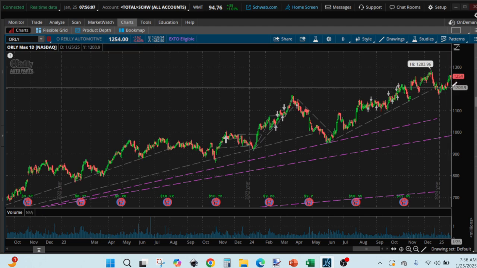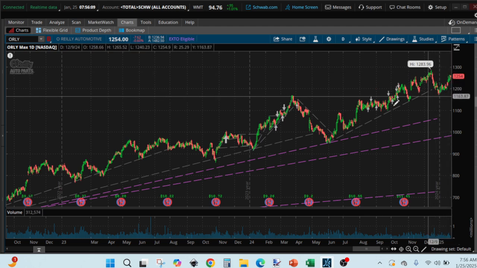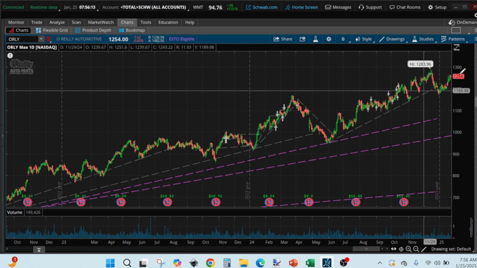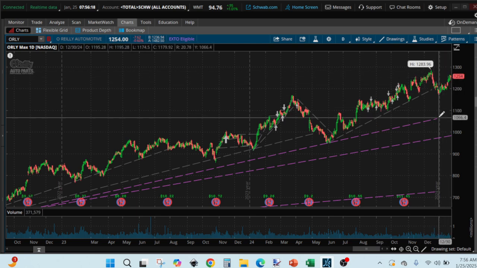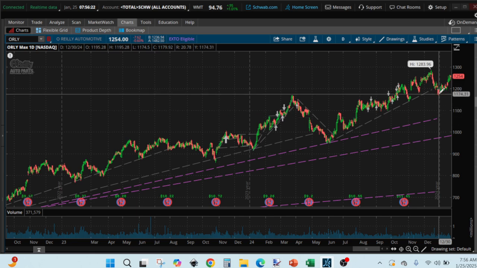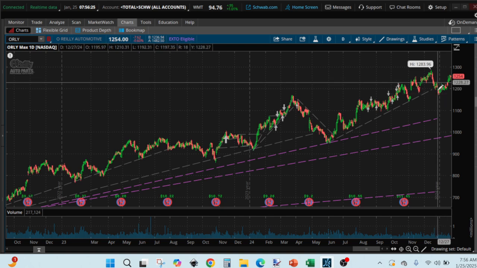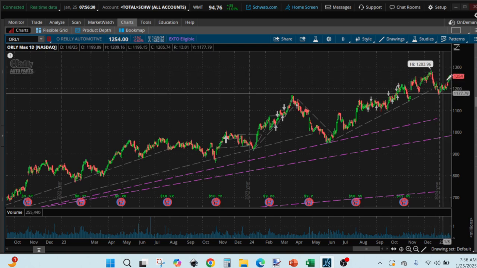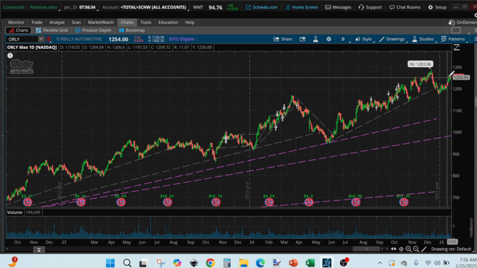So I think it's not done making this side of the mountain yet. It could continue that, but for how long I don't know. I would prefer to just wait when it comes to the valley though. But I will say that this is a good support for when it rests there and starts going up, for me to think it's going to continue going up. It could have a higher peak.